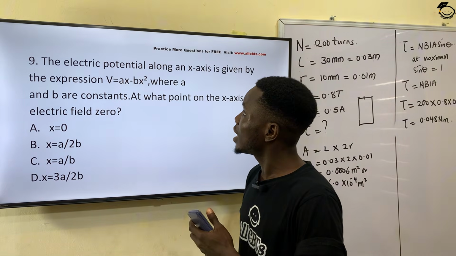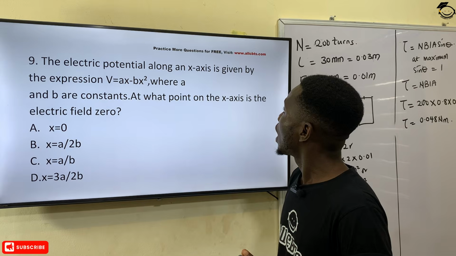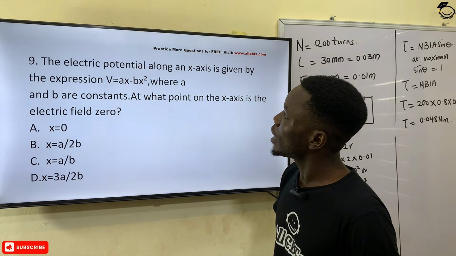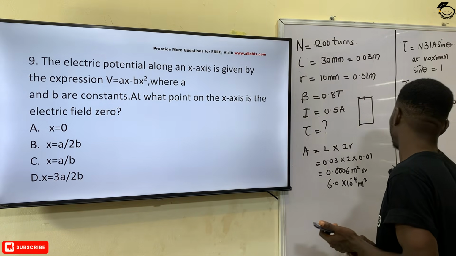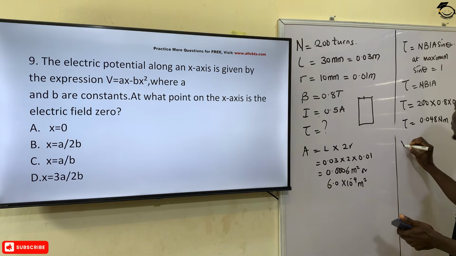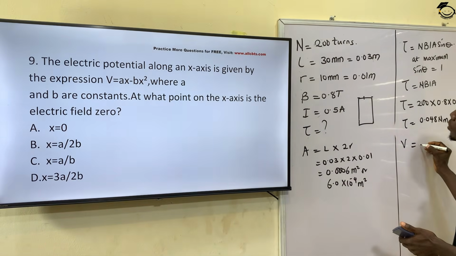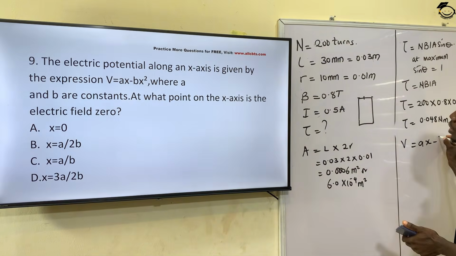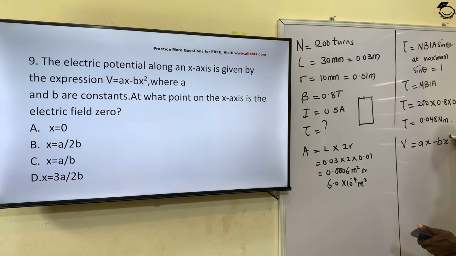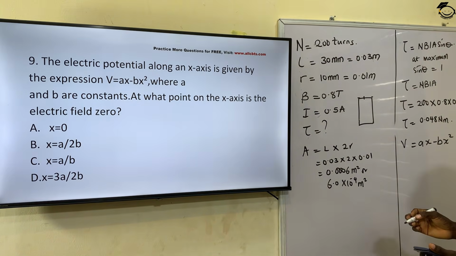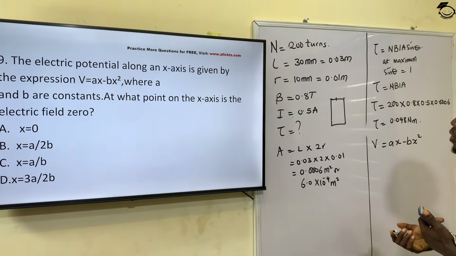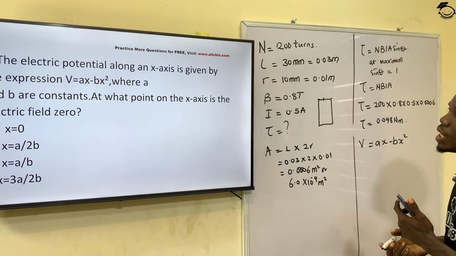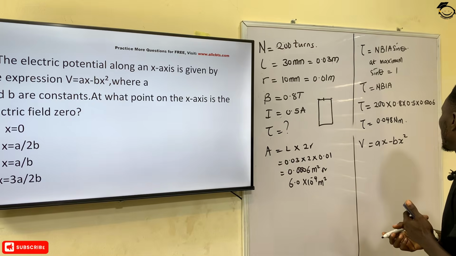It says the electric potential along an x-axis is given by the expression V equals AX minus BX squared, where A and B are constants. At what point on the x-axis is the electric field 0? So we're trying to find the point on the x-axis where the electric field is 0.